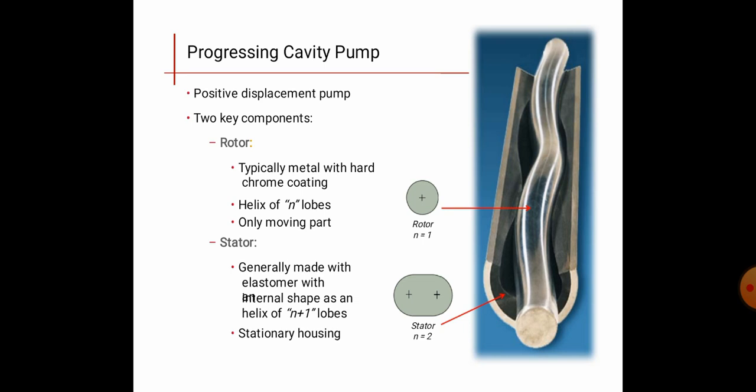The outer body is called stator, and it is generally made with elastomeric material like rubber. It has the number of lobes, generally one more than the rotor, and it is kept stationary during the operation.